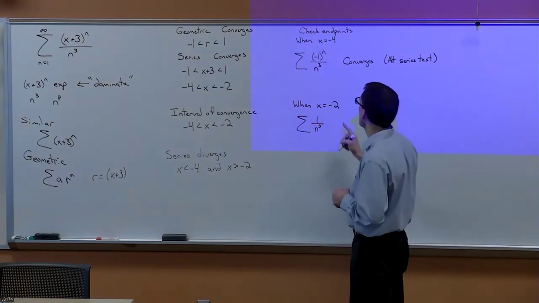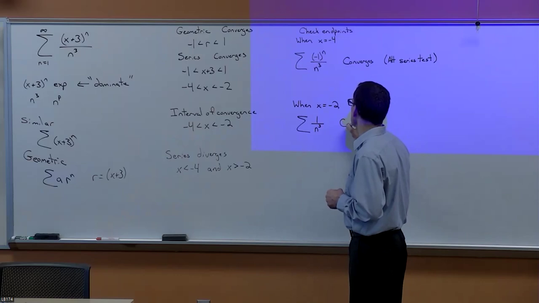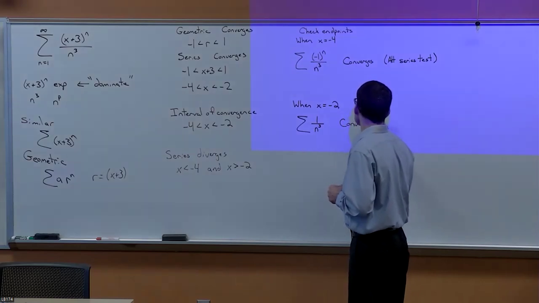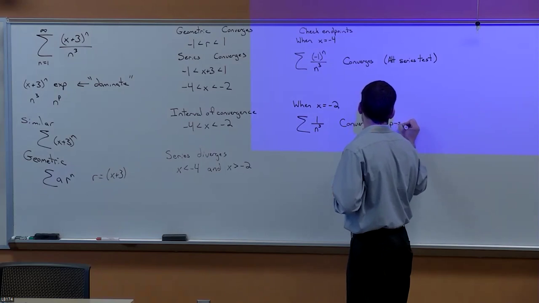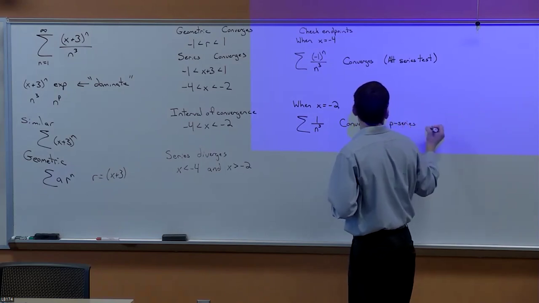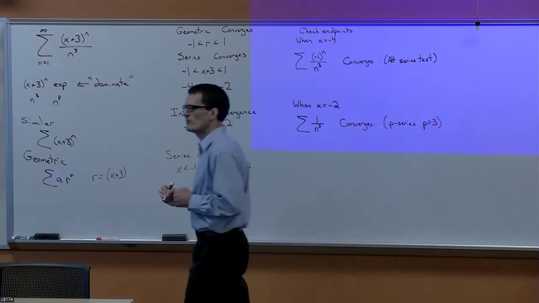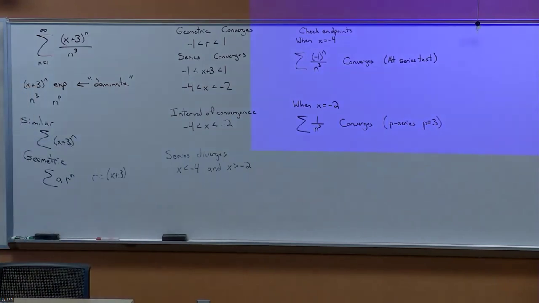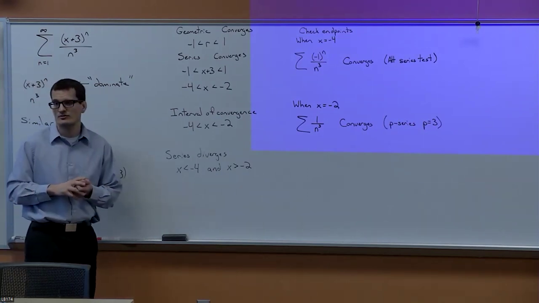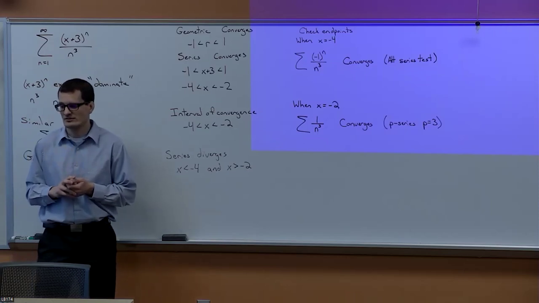And it turns out this also converges, because it's a p-series with a power of 3. Since that's bigger than 1, remember, p higher than 1 converges. p of 1 or less diverges.